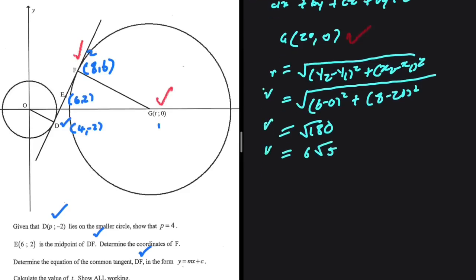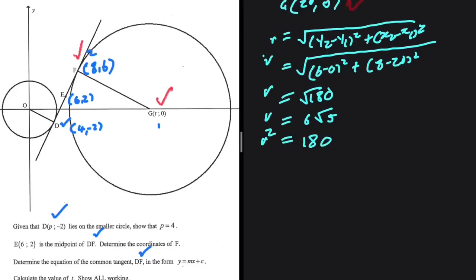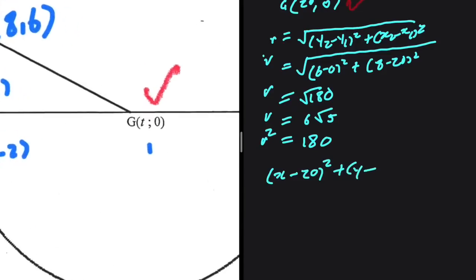If we go ahead and find r squared, it is going to be 180. Okay, so right now we can have x minus the value of t, 20 squared, plus y minus the y coordinate of G, which is 0, squared being equal to radius squared, which is 180.